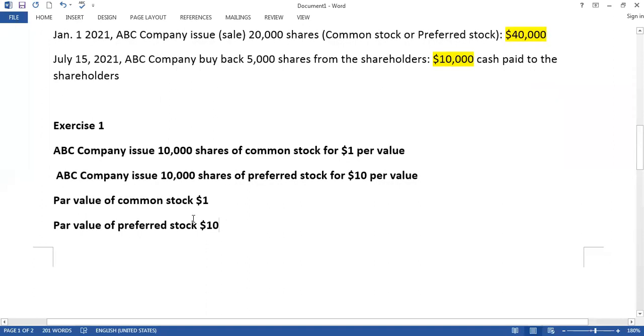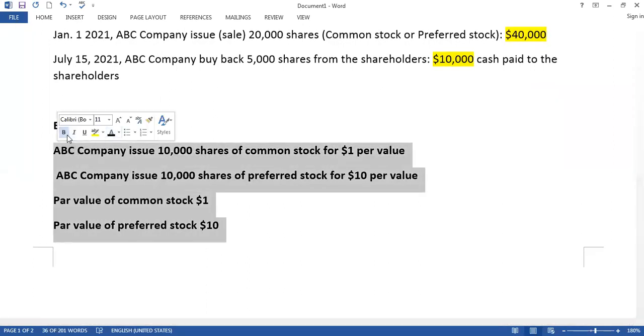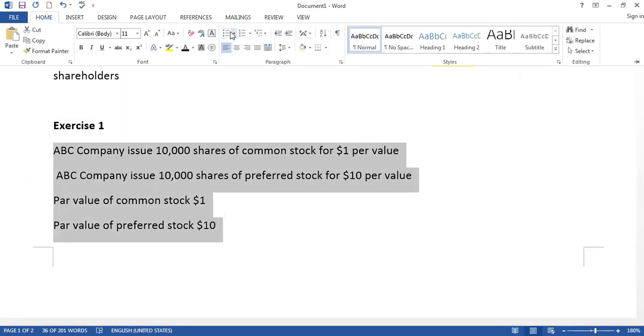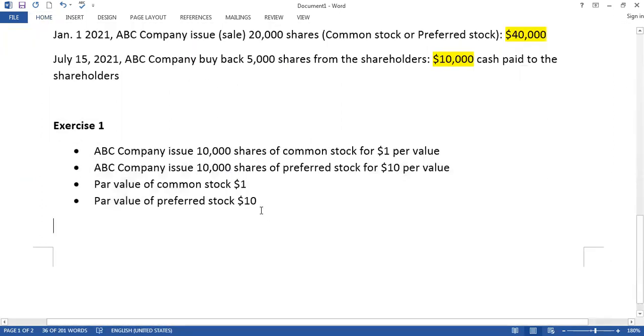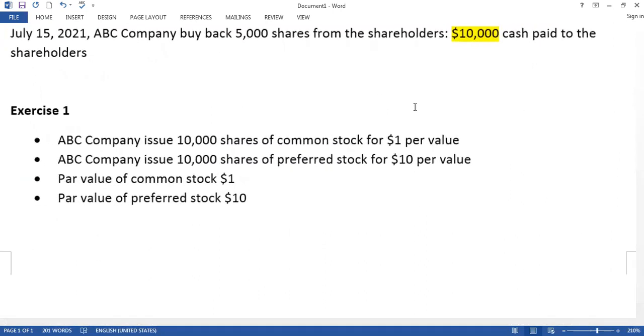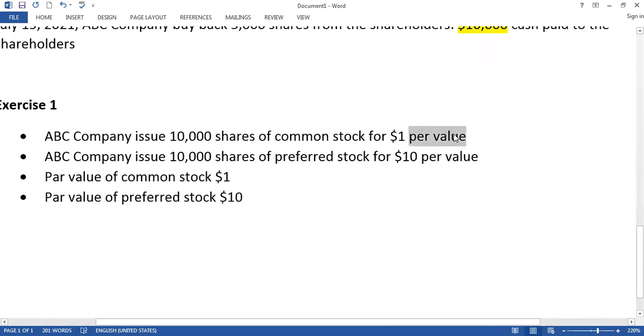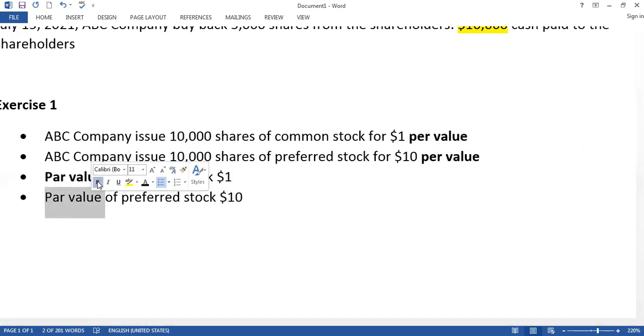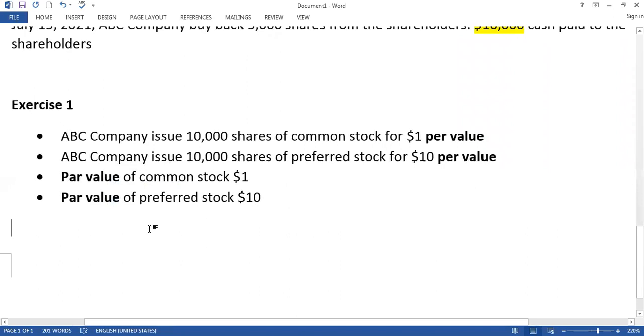So let's see this kind of example first. Now tell me, do you understand the difference between PER, par value, and PAR, par value? What is the difference between these two words?